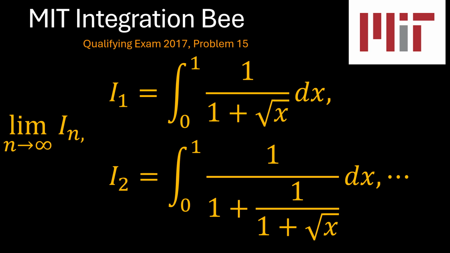As we can see, the integrand keeps nesting as you go higher and higher. It's actually a very simple problem, but let's see how we may be able to solve it.